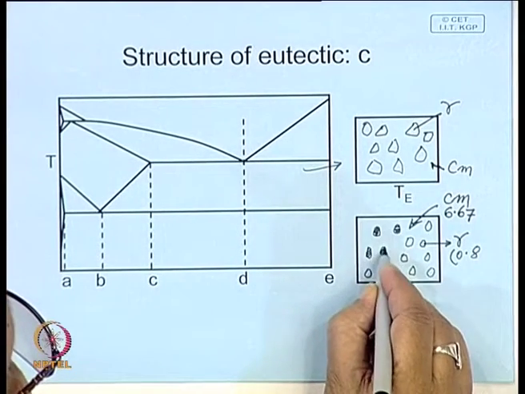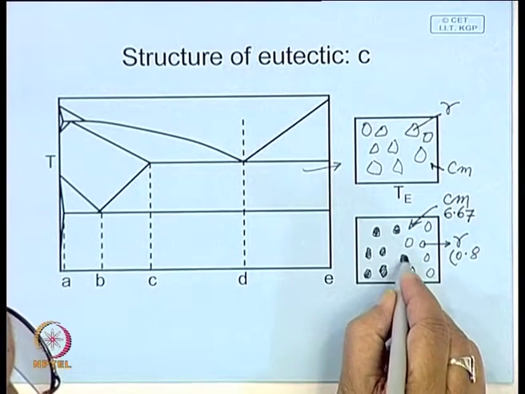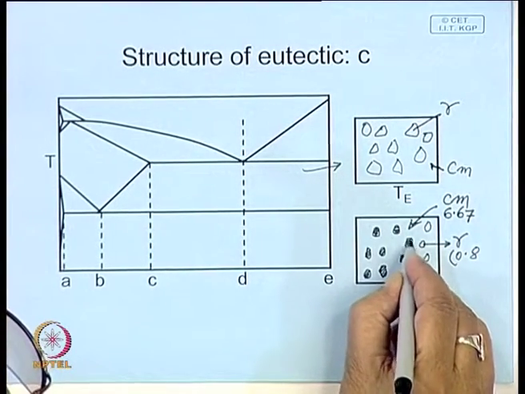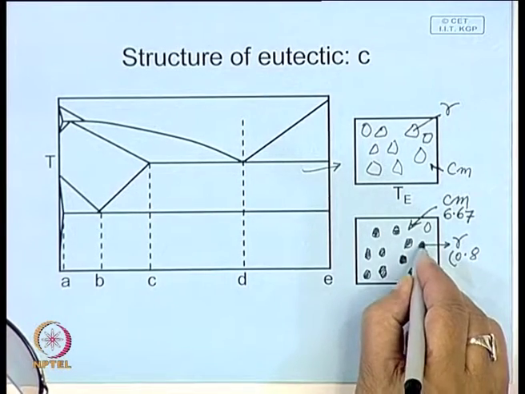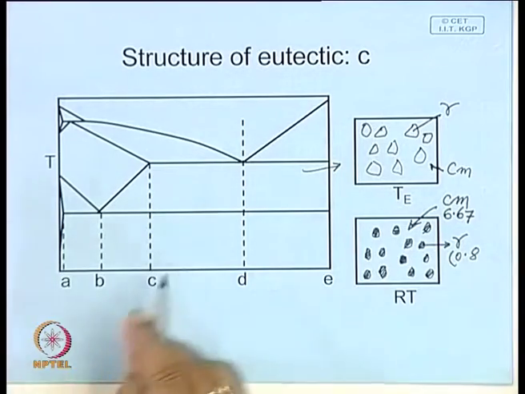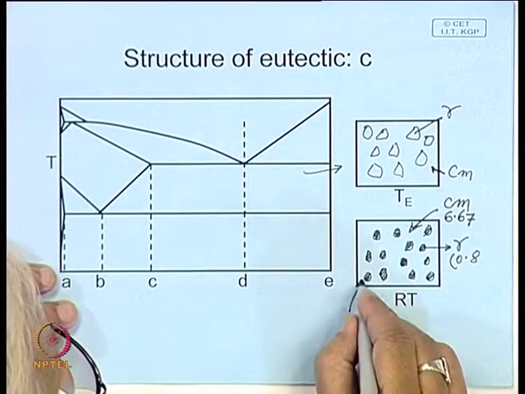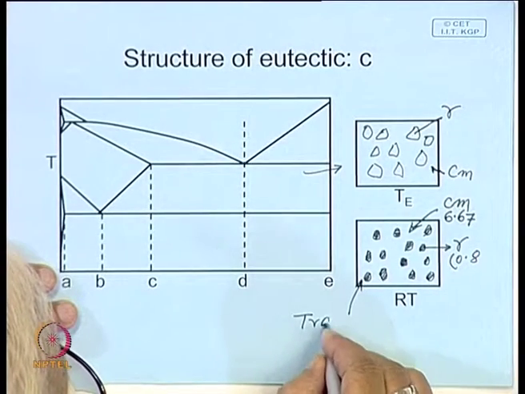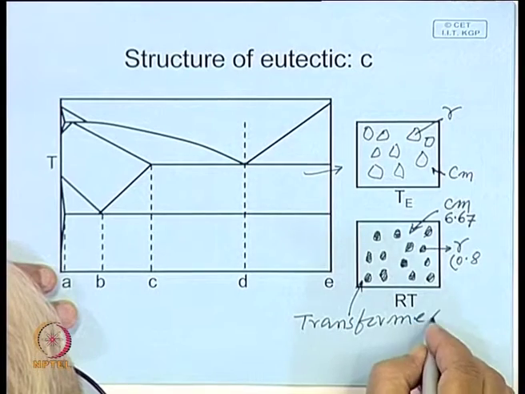So, you have this lamellar structure. And these percentages can be estimated using the lever rule. So, this is called transformed ledeburite.